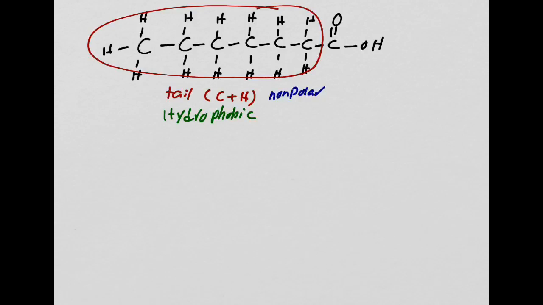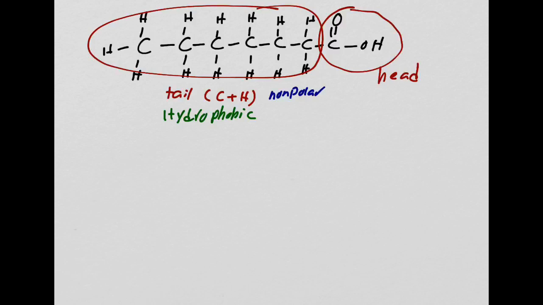Okay, so now let's go to this part. Let me put it in red. This one is the head. The tail, we said, was nothing but carbon and hydrogen, which means you're non-polar, a bunch of tetrahedral geometry attached together, and you're hydrophobic. You don't like water.